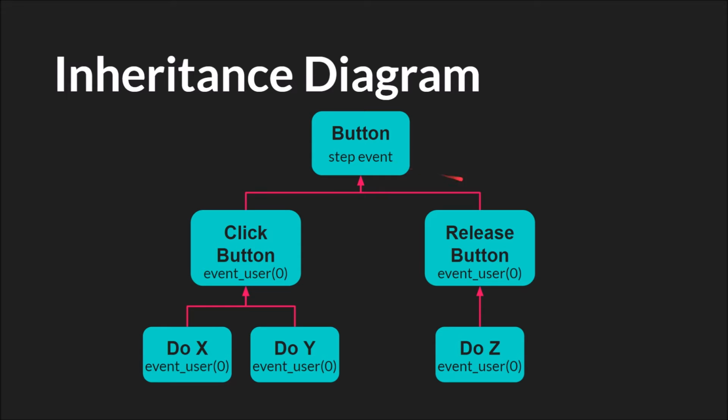That step event will be carried through all of the children. So do X, do Y, and do Z will all get the step event from the button parent. And then click button and release button will each have their own input check and then event user 0. And each of these buttons will also have an event user 0, so we can see how you can override or modify parents' events. Okay, let's switch over to GameMaker Studio 2 and see this in action.